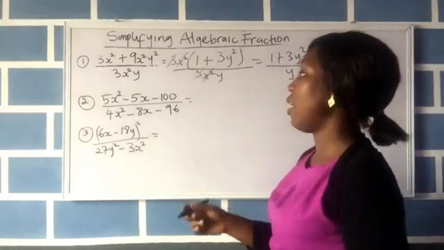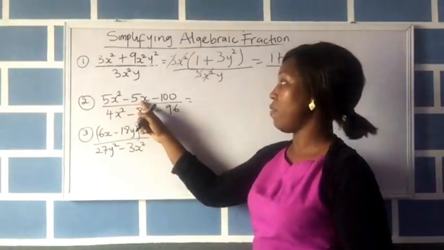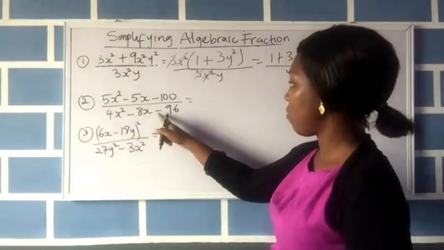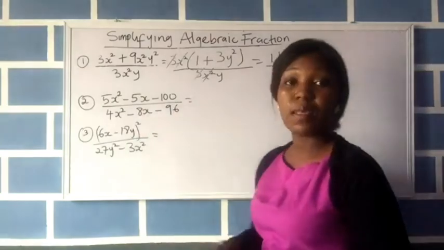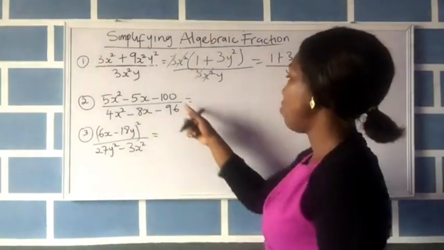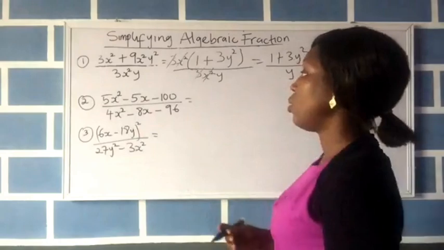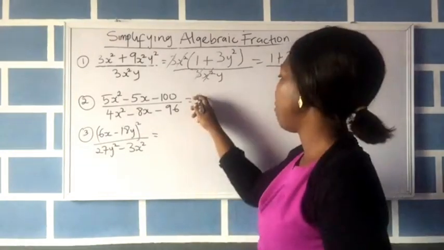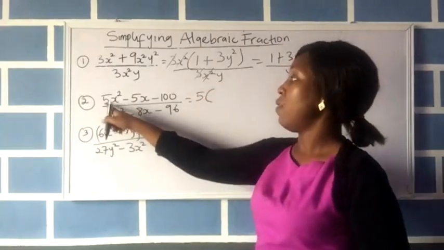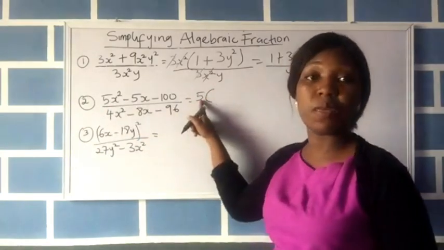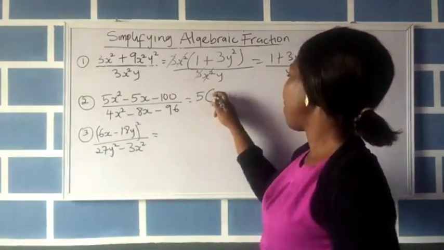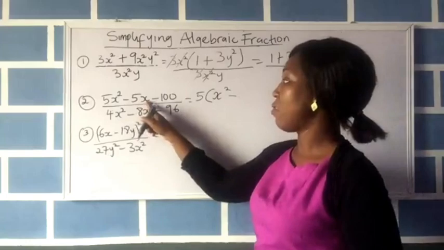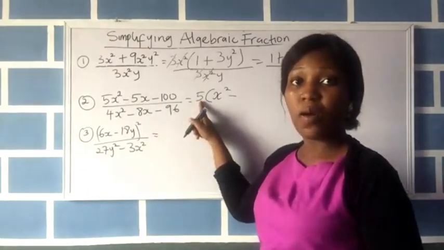The second question I have here is 5x squared minus 5x minus 100 divided by 4x squared minus 8x minus 96. There is a value common in the numerator, which is 5. 5 can divide all three terms, so I'll bring out that 5 in brackets. 5x squared divided by 5 gives me x squared, and I put down the minus sign. 5x divided by 5 gives me x.